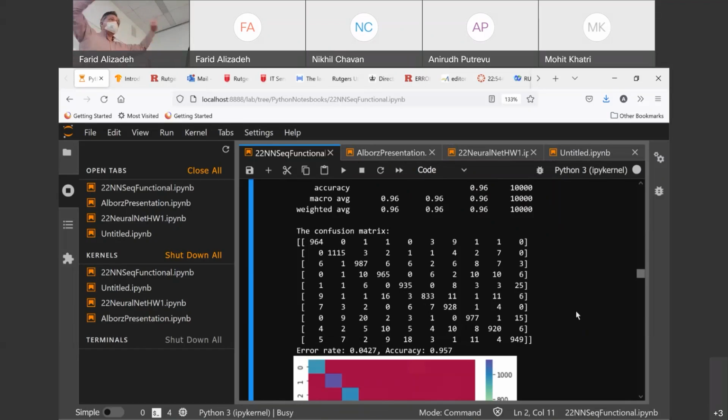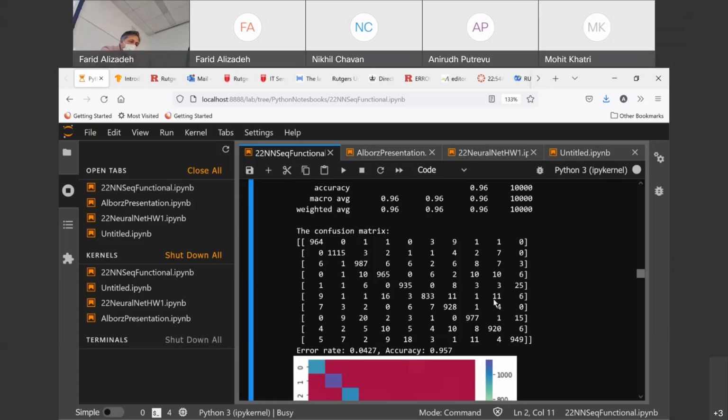Okay, and then over the 10,000 test problems, you get the result. So you want the diagonal to be large because those are the correct predictions. It was a 0 and I predicted 0. It was a 5 and I predicted 5. The off diagonals are all incorrect.